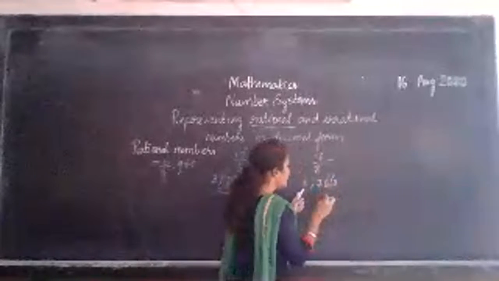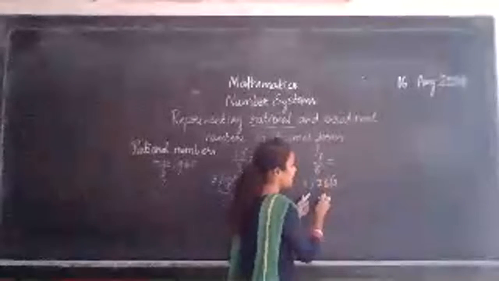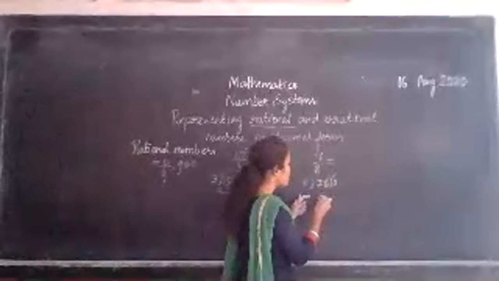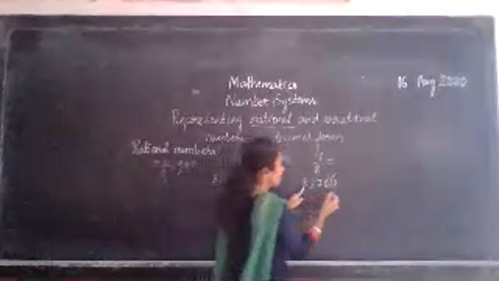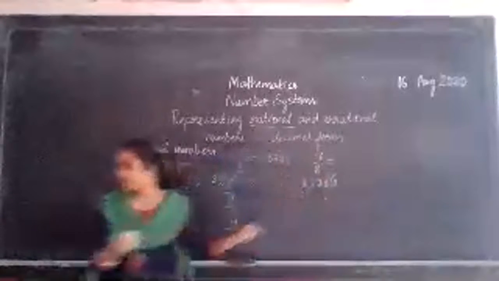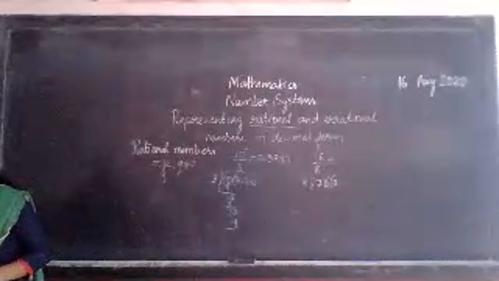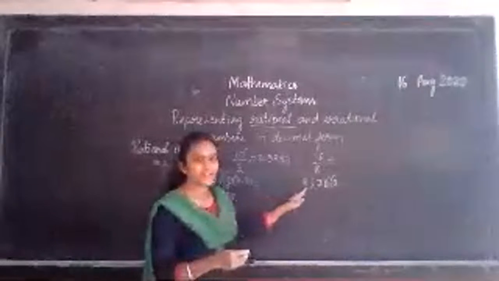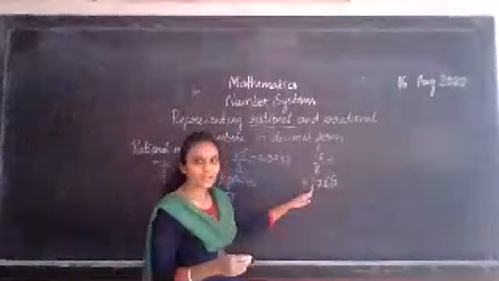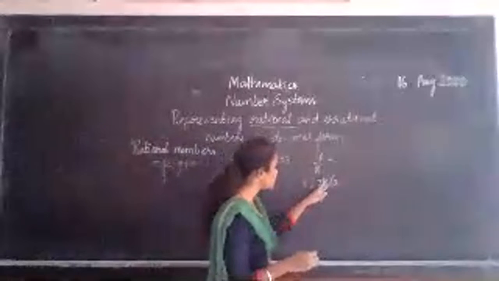Right? So in the 8th table, 7 by 8. In the 8th table, how to divide this? Now in order to divide this, 70 by 80. What did I do? It was just 7.